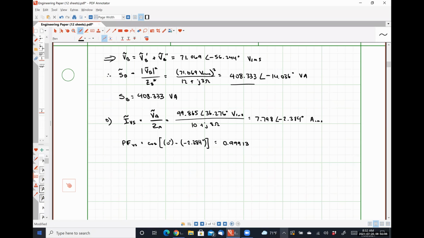Is this voltage source operating at a leading power factor or a lagging power factor? Why do you say that it's leading? So when we have a positive angle, or I guess the better question, what quantity is positive? You just said the word positive, so what are you thinking when you say positive?